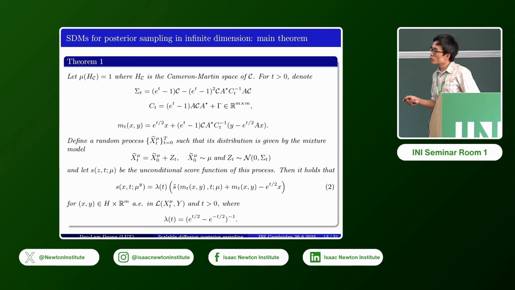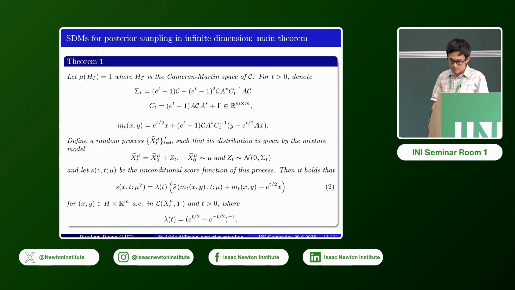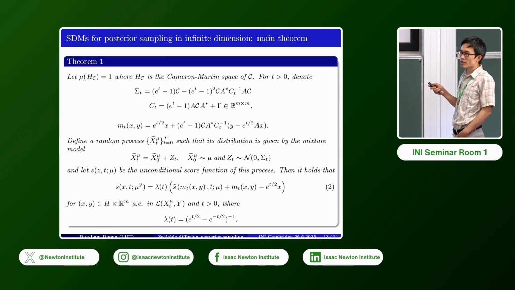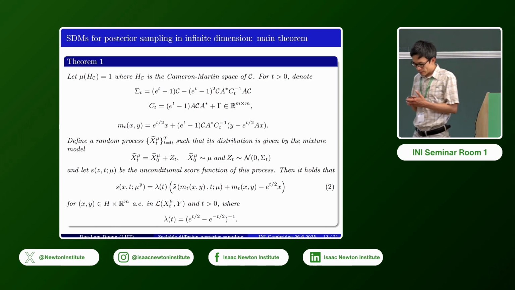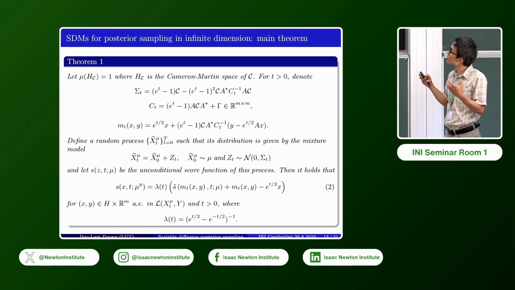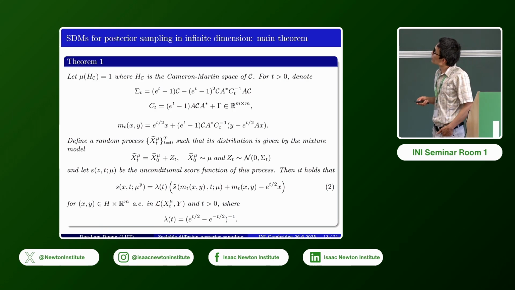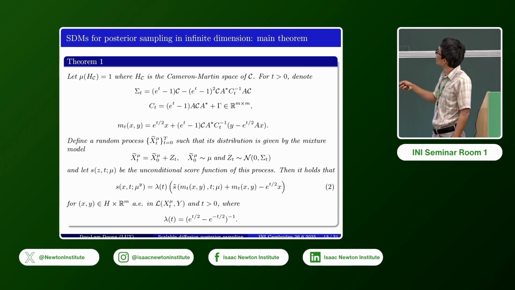Now we want to formulate this rigorously in infinite dimension. This is one of the main theorems in our work. First, we assume that the prior is supported in the Cameron-Martin space of the covariance operator C, and we denote some operator here, and this term M_t here.